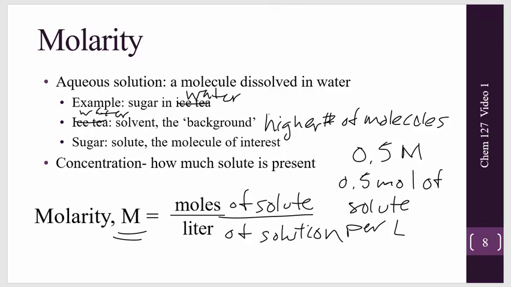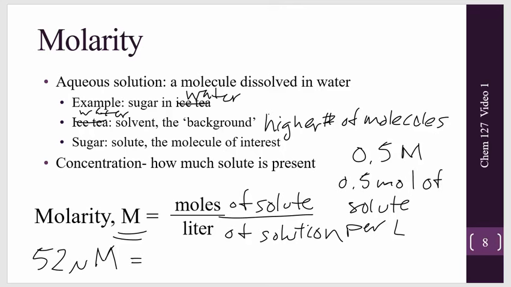Molarity is a unit of measurement like grams or liters or moles, so we can actually give it an SI unit prefix. We could have something like 52 micromolar, with the micro in it.